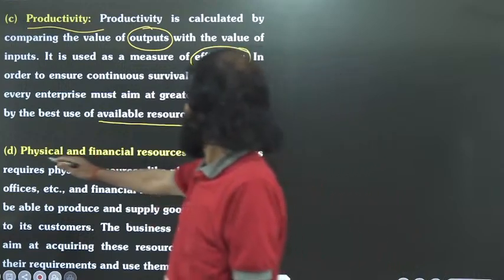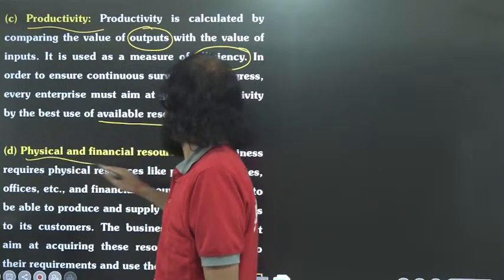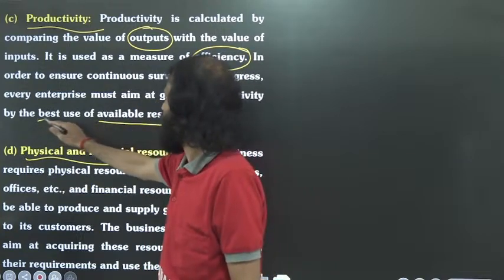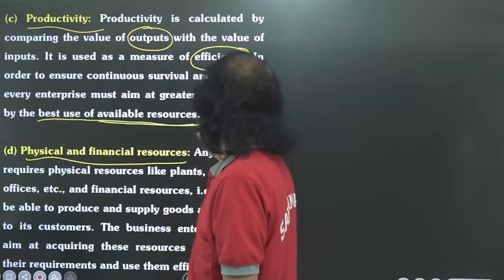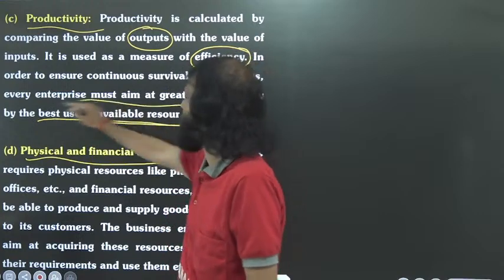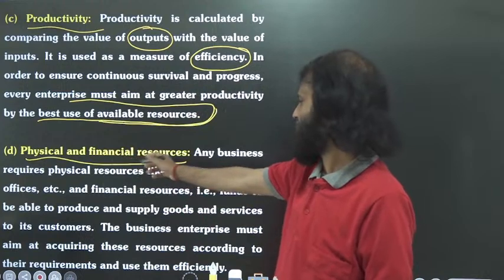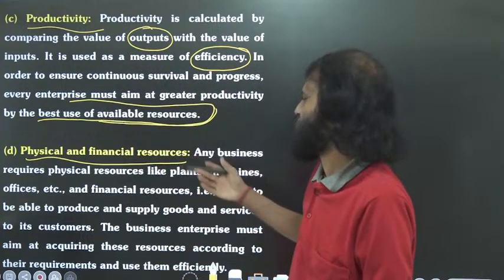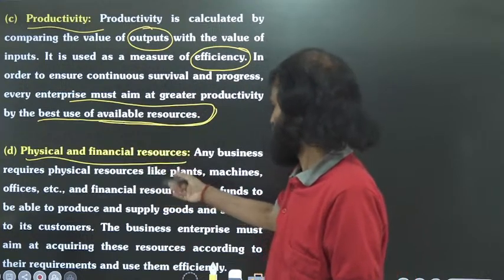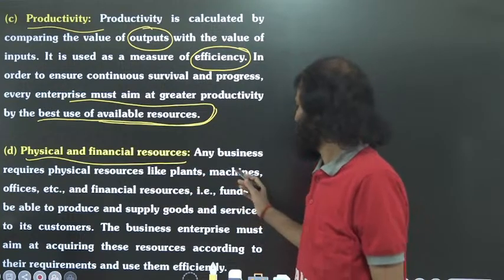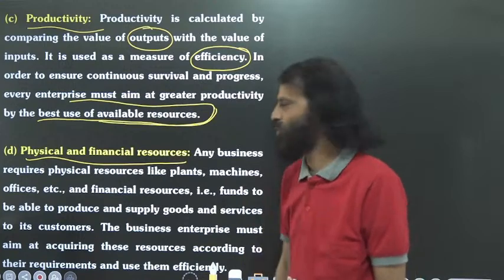Okay, physical and financial resources, now we can study. Here we studied that you must be capable to use the available resources in a better way. So now we are going to study about physical and financial resources. Any business requires physical resources like plants, machines, offices, etc. All these come under physical resources.